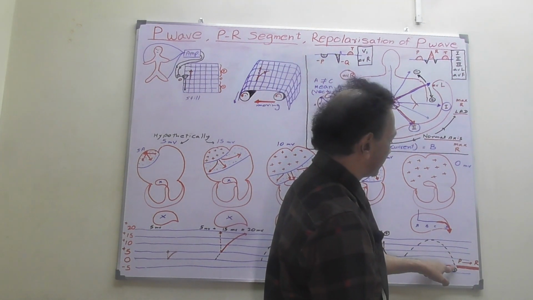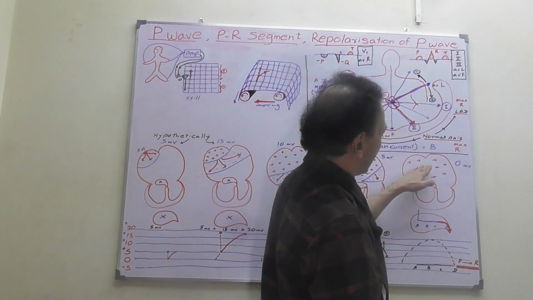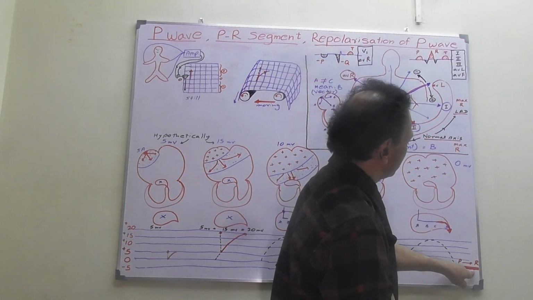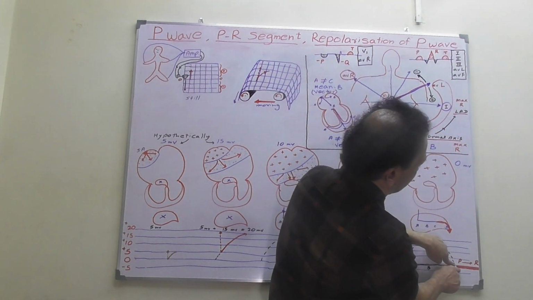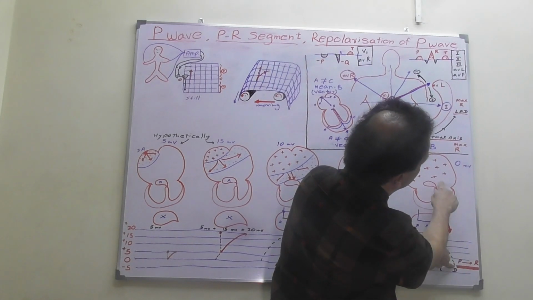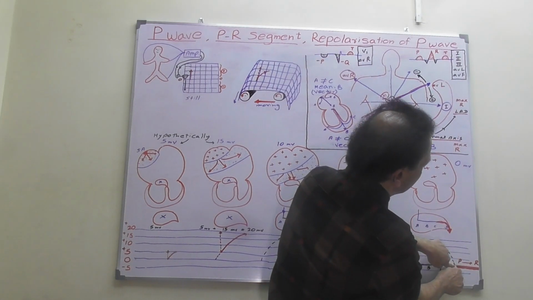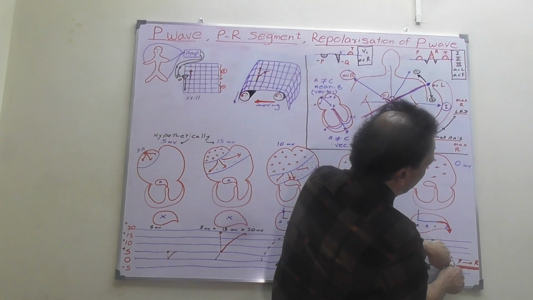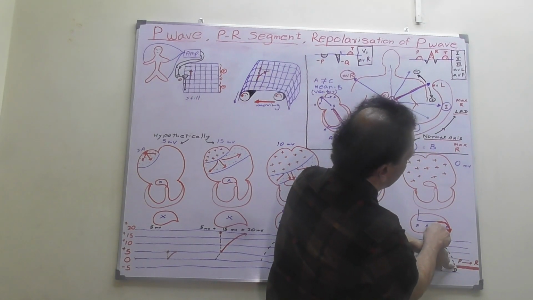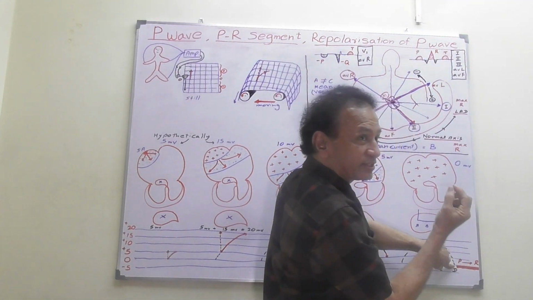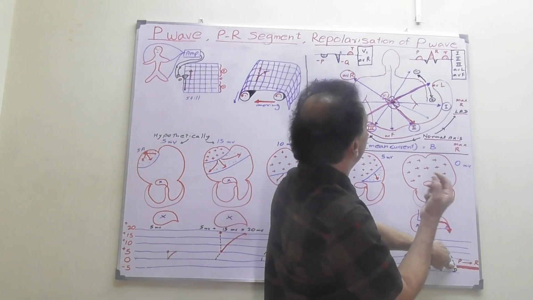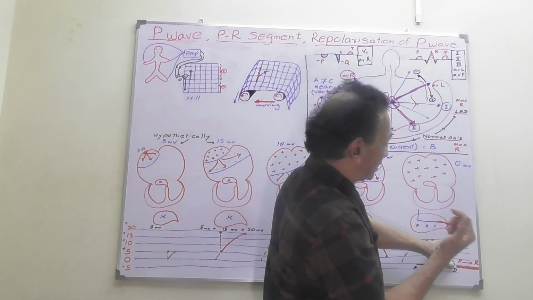a horizontal line, an isometric line. It continues, because the atria has already contracted. After the contraction of the atria you still have a zero line, but during this time you get the AV node contraction, which doesn't show up because of the small amount of current being produced and our machines are not sensitive enough to detect that current.